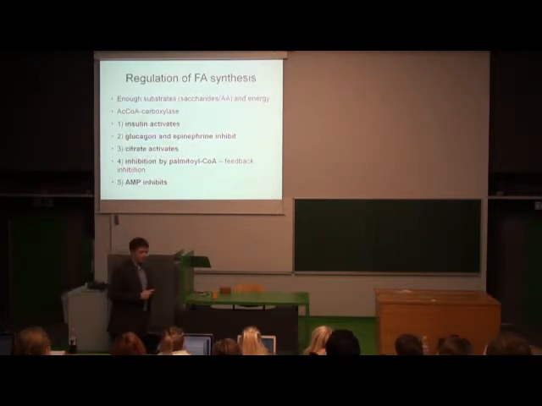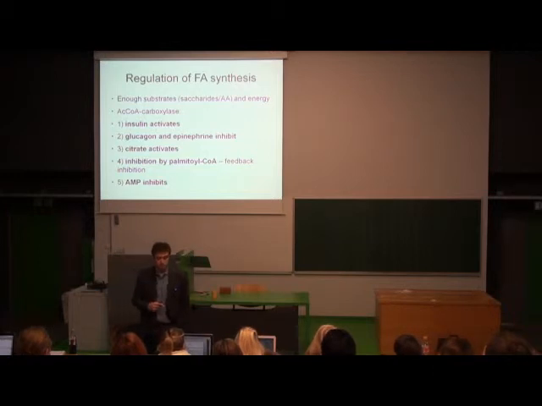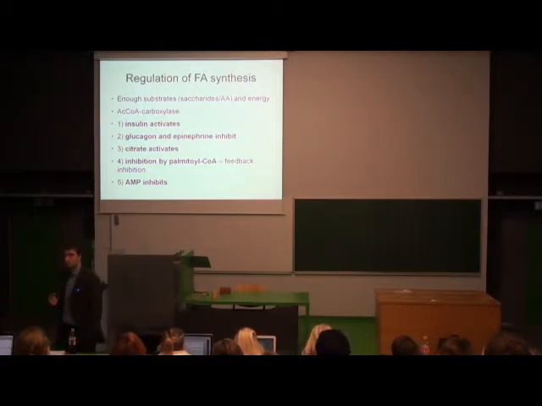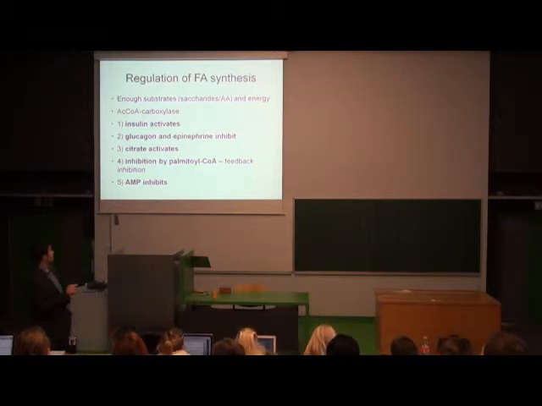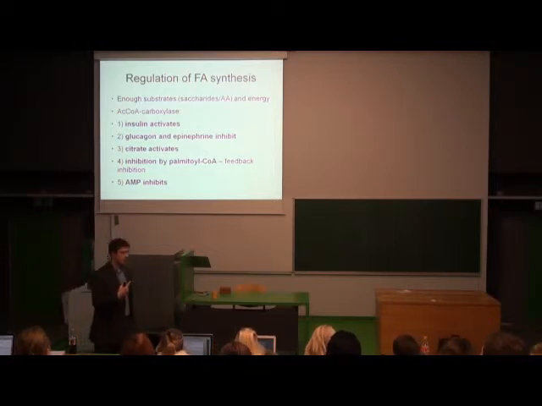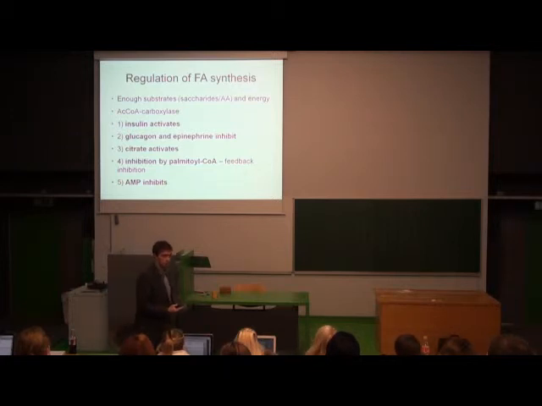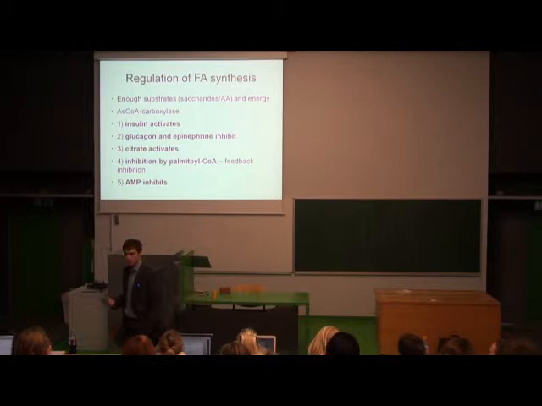Regulation of fatty acid synthesis. When we can do this reaction, we need to have energy and we need to have substrates. If you want to produce new fatty acid, the substrates are other nutrients. It means saccharides or amino acids. Yes?